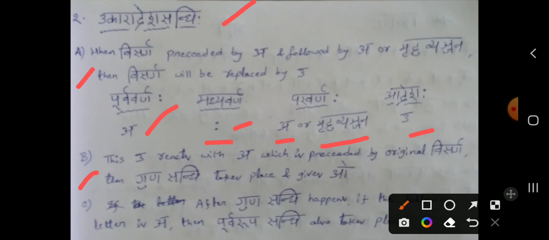We can apply Guna Sandhi and we can also apply Purvarupa Sandhi if it satisfies. If it does not, then we can stop with Ukaradesha Sandhi only. So this is about the second Visarga Sandhi, which is Ukaradesha Sandhi.